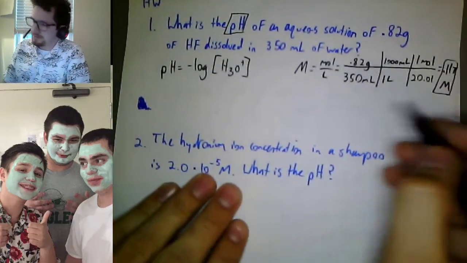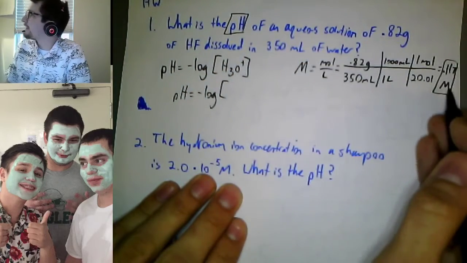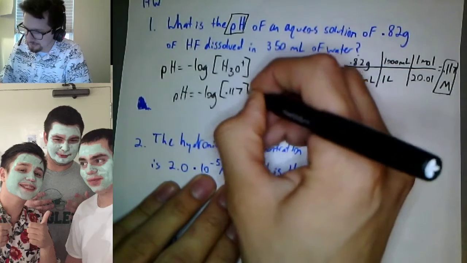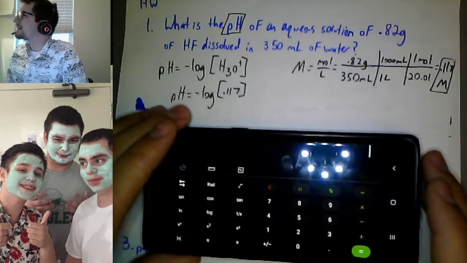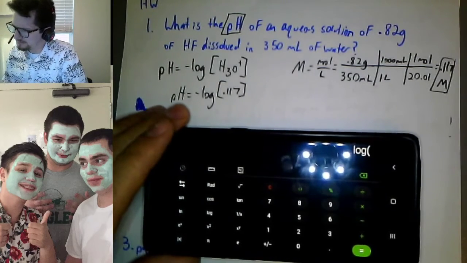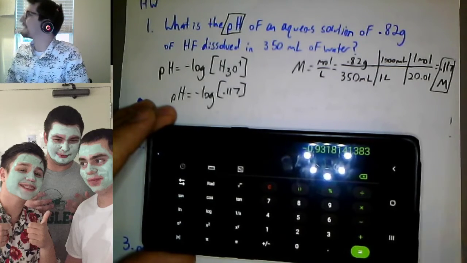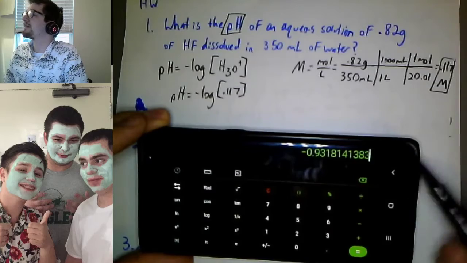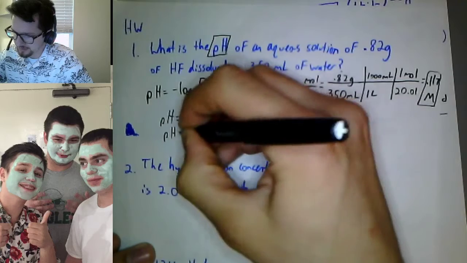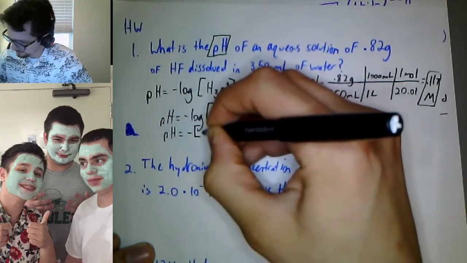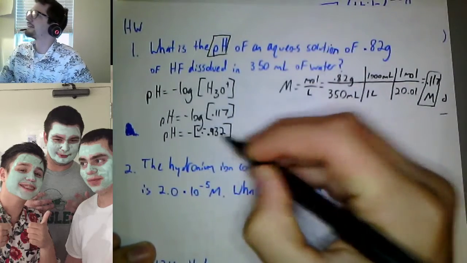So if I plug this number into this problem, pH equals negative log of that number, 0.117, this should give me my pH. So this is how I'm typing it into the calculator. I'm saying the logarithm of 0.117, I get negative 0.932. So pH equals negative negative 0.932.